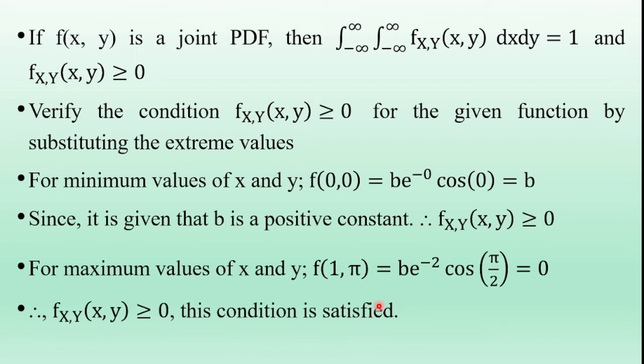Therefore, from the above two conditions, fxy of x comma y is greater than or equal to 0. So this condition is satisfied. Hence, the given joint density function is a valid joint probability density function. And after that, using this expression, we can determine the b value.